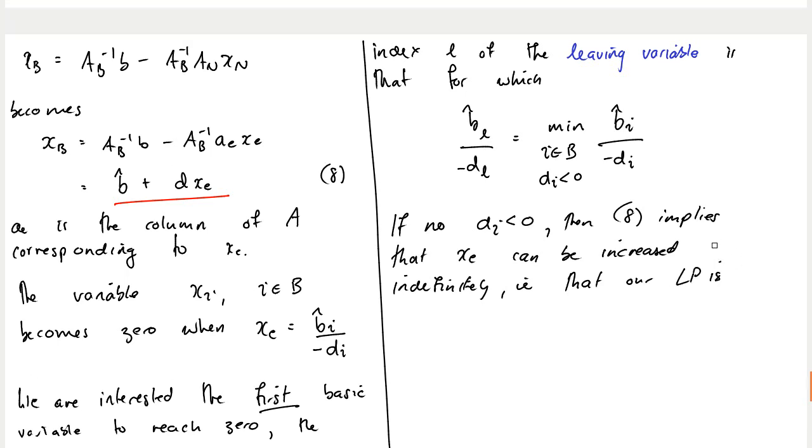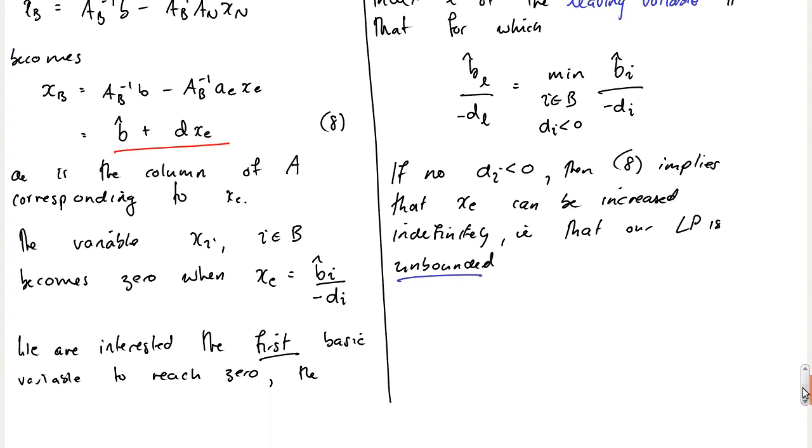If we can just continue to increase this xe indefinitely, reducing our cost as we do so, our LP must be unbounded. So when we're solving with the simplex method, it's at this point that we discover that our LP is unbounded. It does show up at some stage during the process.